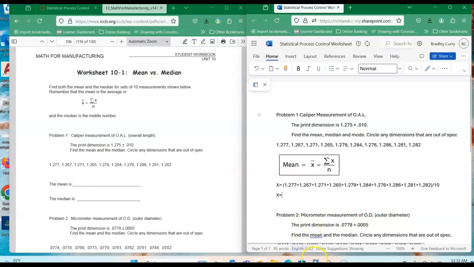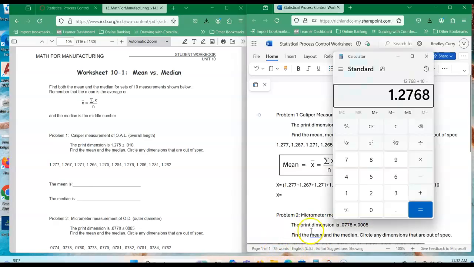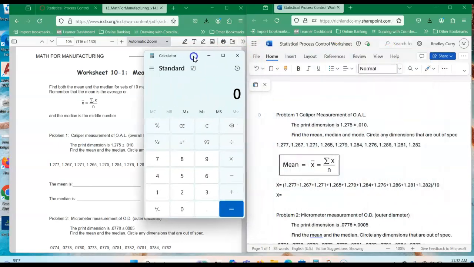All right, so let me pull up my calculator and clear it out.